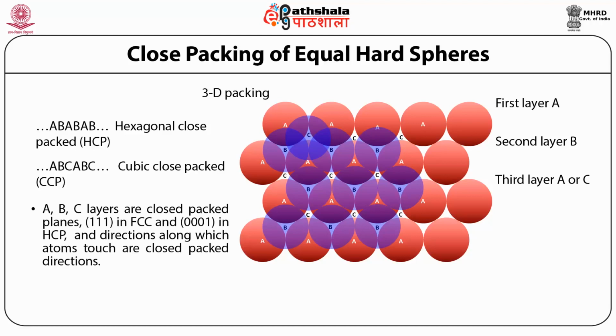Here, A, B, C layers are close packed planes, where the 111 plane in FCC and the 0001 plane in HCP, and the directions along which atoms touch are close packed directions.